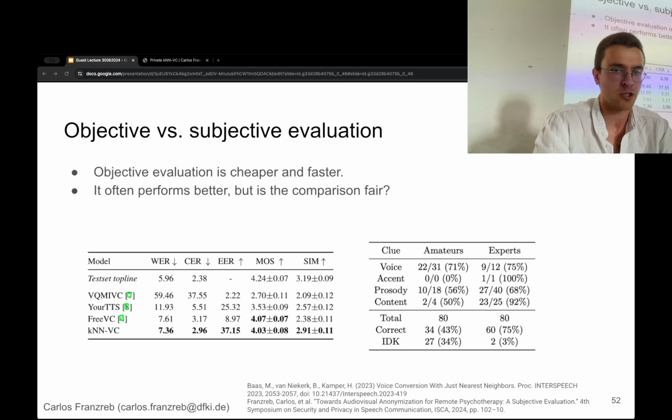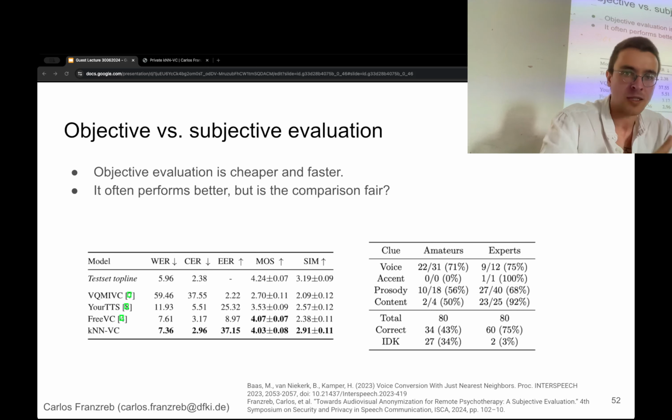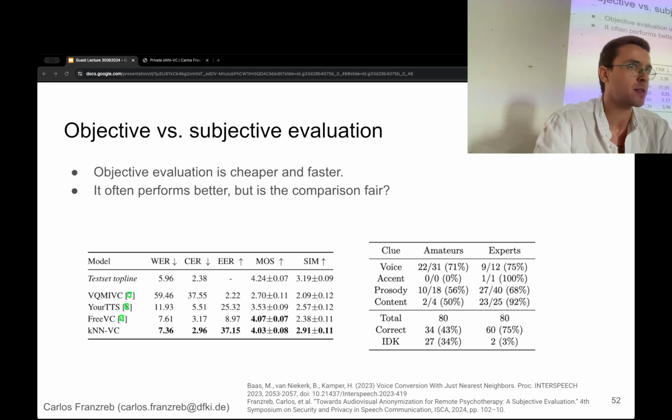without any kind of background information. And we ran a study with different participants with different degrees of information, and we saw that they are really able to identify a lot of the speakers with the voice conversion system that we just saw. This is here in the table on the right.